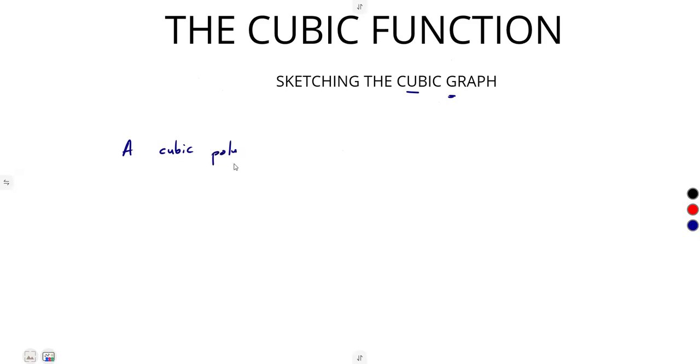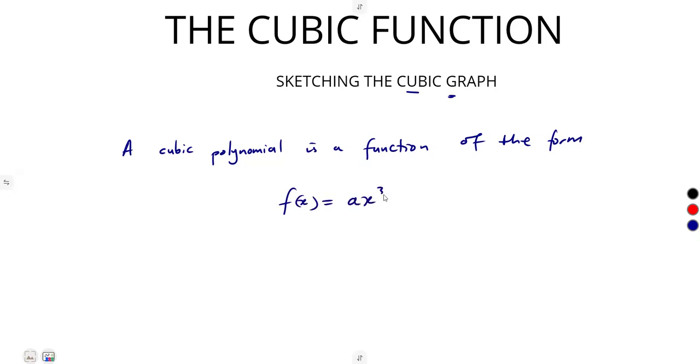A cubic polynomial is a function of the form f of x is equal to ax cubed plus bx squared plus cx plus d. This is what we had.